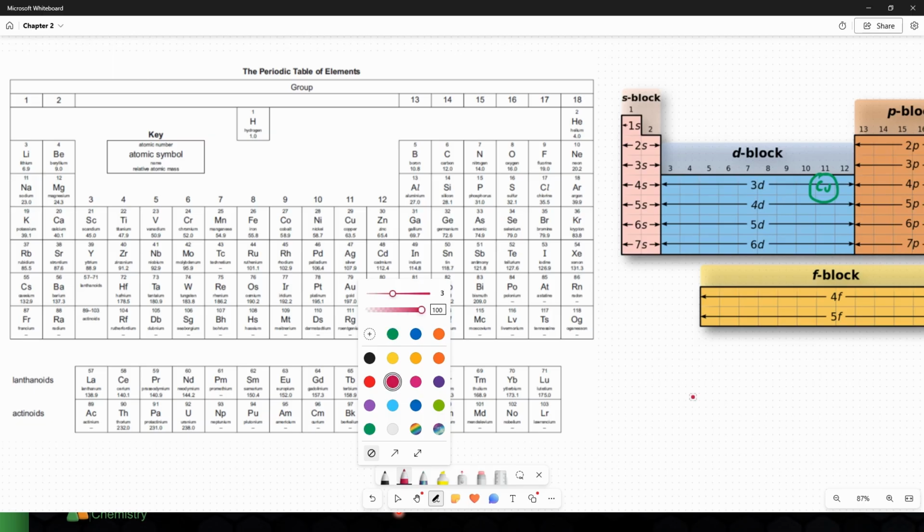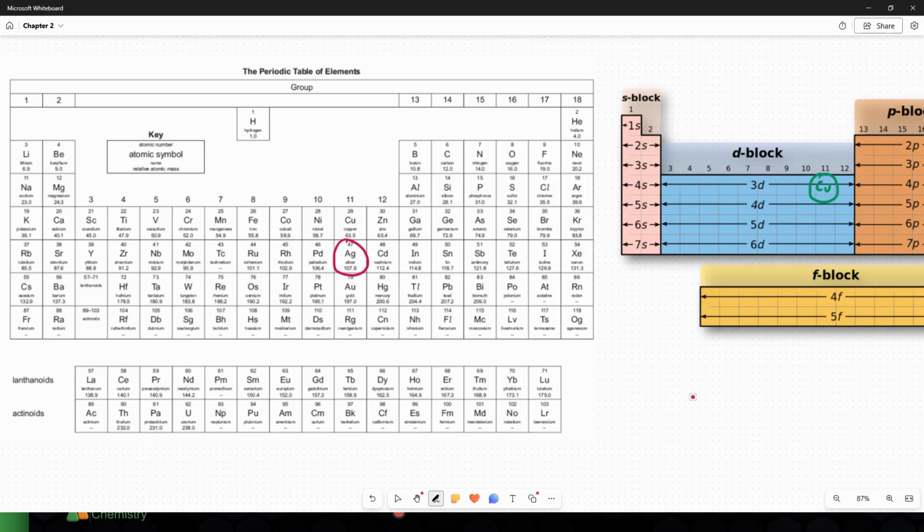For silver, the abbreviation before it is going to be krypton. So we're going to use krypton for its abbreviation, and then we have the 5s block and then the 4d block for silver. So 4d sublevel, 5s sublevel are the last two.